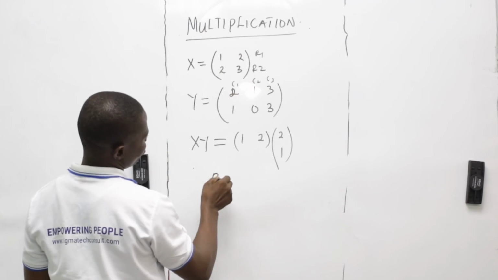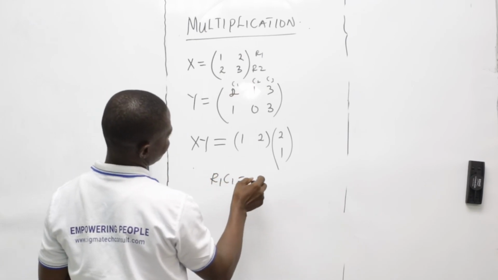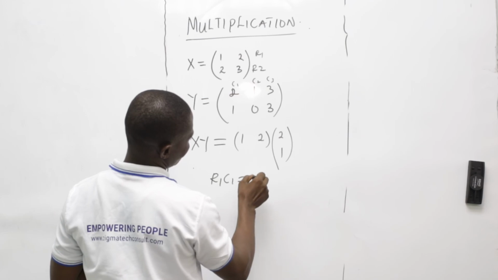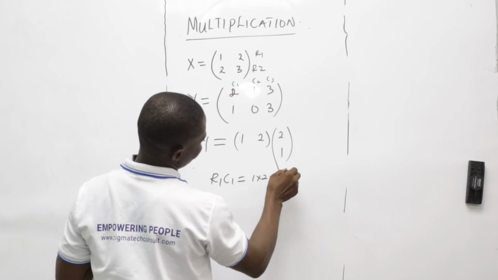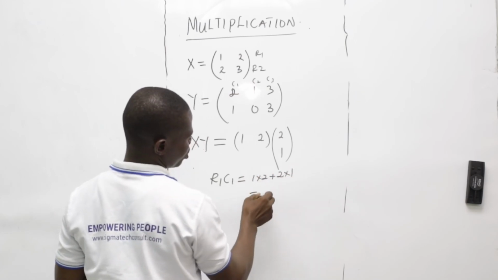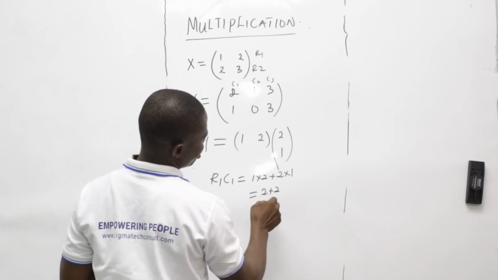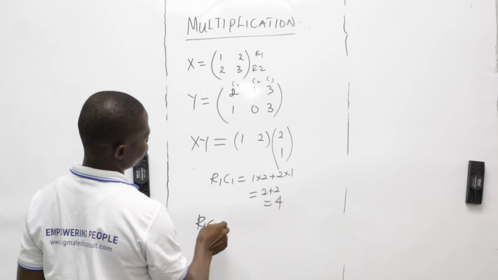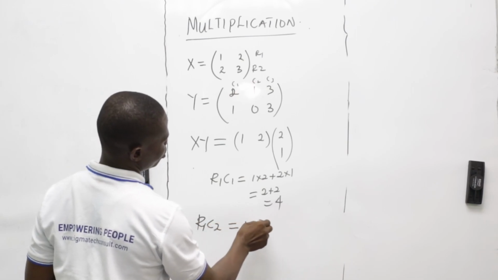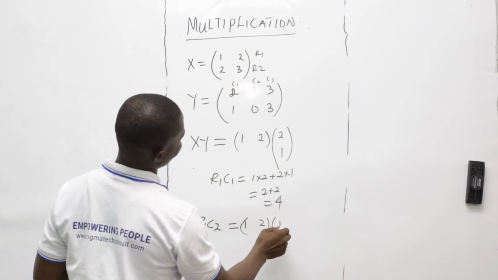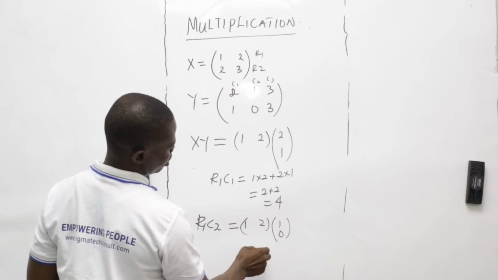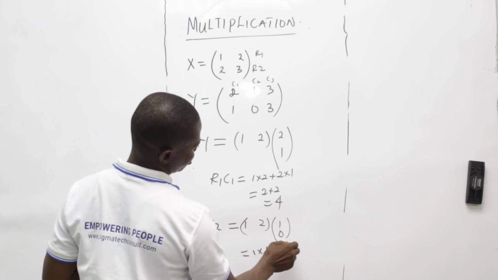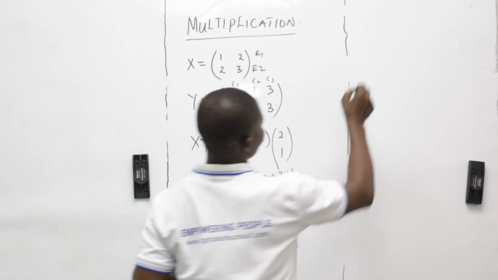So I'll have row 1, column 1 equals 1 times 2 plus 2 times 1 to give us what? 2 plus 2 equals 4. Then row 1, column 2 equals 1, 2 against 1, 0 to give us 1 times 1 plus 2 times 0 equals 1.